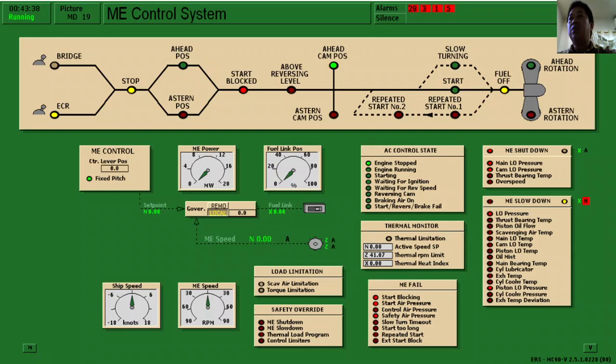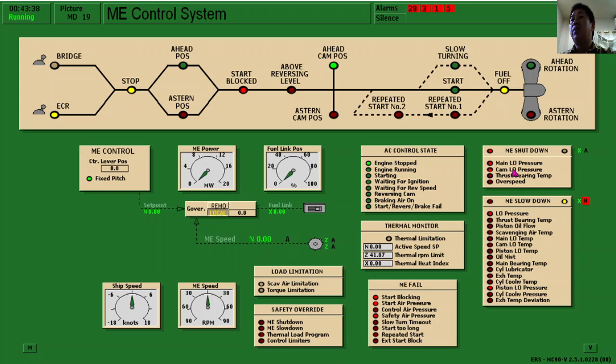For example, here, start block. So this is an alarm. This is red color. As you can see here, you have start blocking. So meaning there is a valve, the start valve block, which is not open. Or start air pressure, safety air pressure.